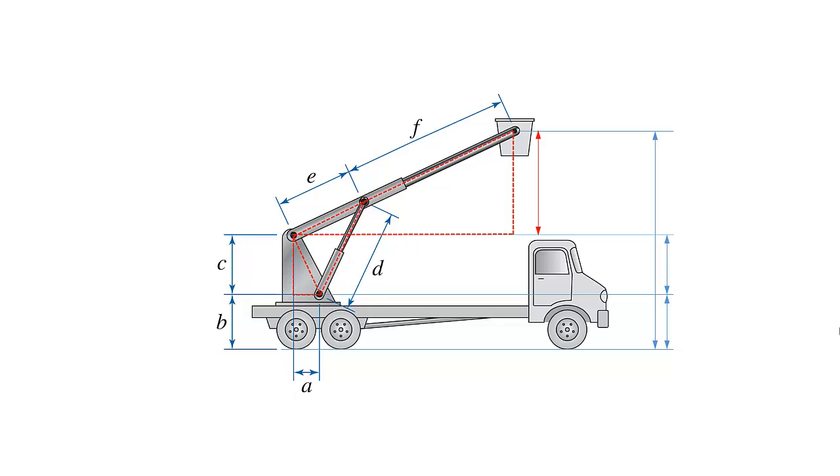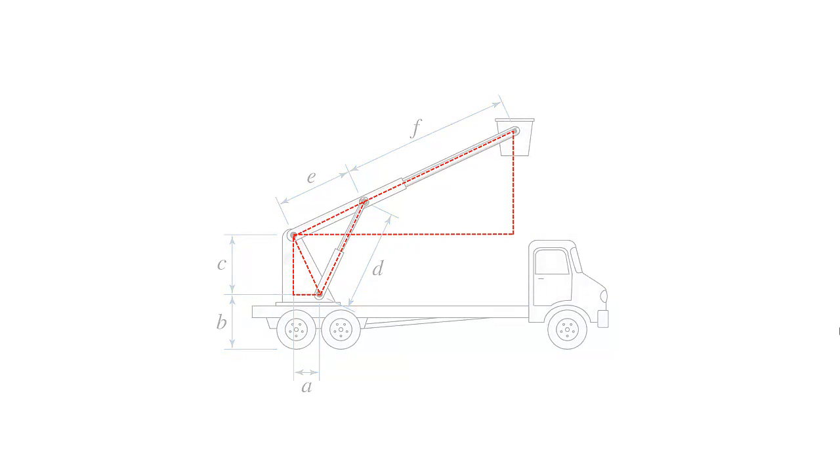That number plus C plus B will give us the total height. So we've broken down our geometry into one right triangle, and one oblique triangle that overlaps onto a larger right triangle.